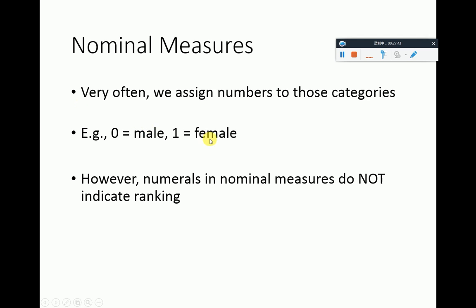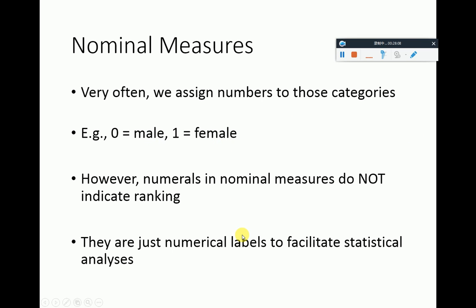It doesn't mean that females have more of something than males. It doesn't mean that males are better than females in any possible way. They're just ones and zeros. They're just random numbers, in other words, that we assign to indicate a specific category.